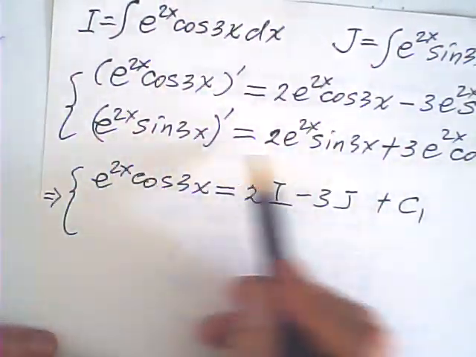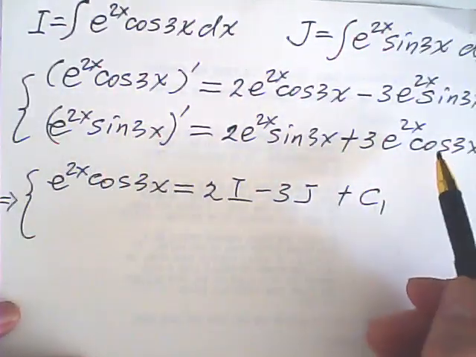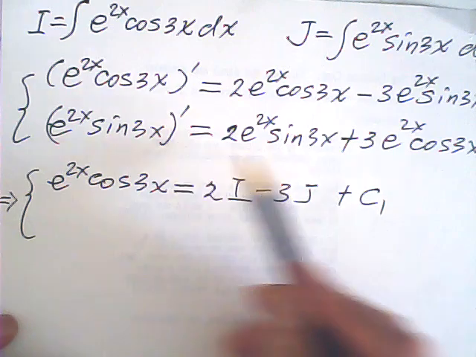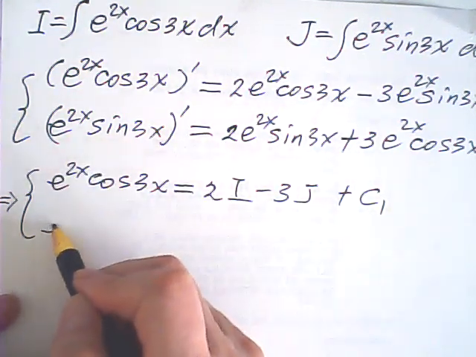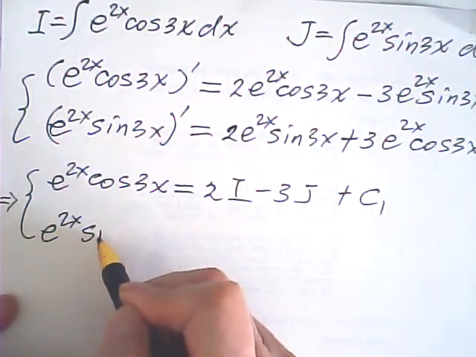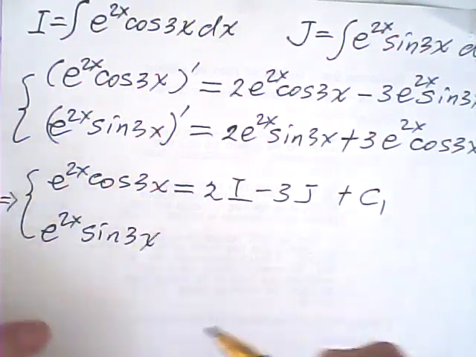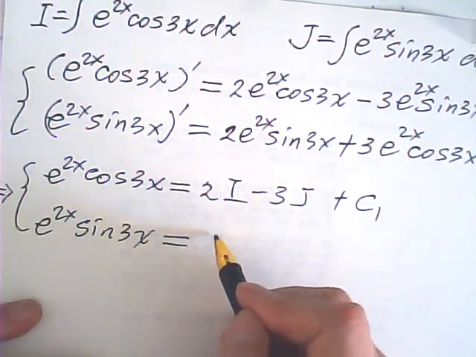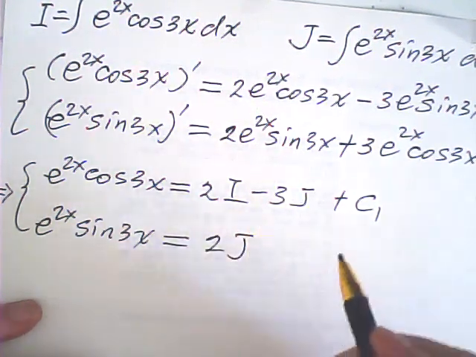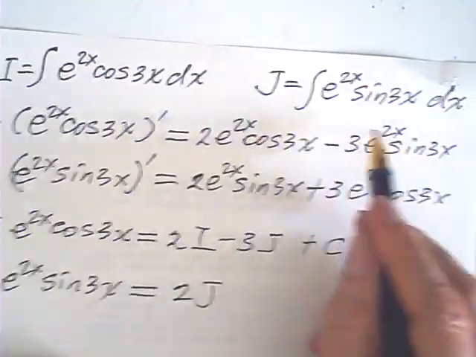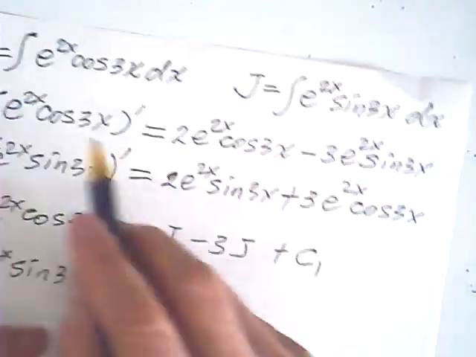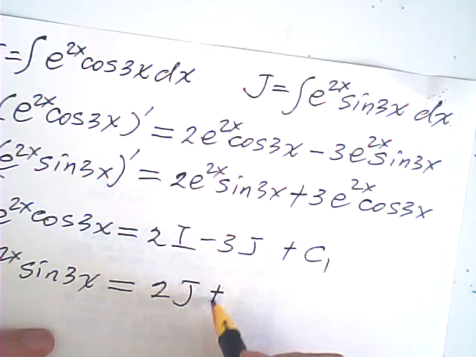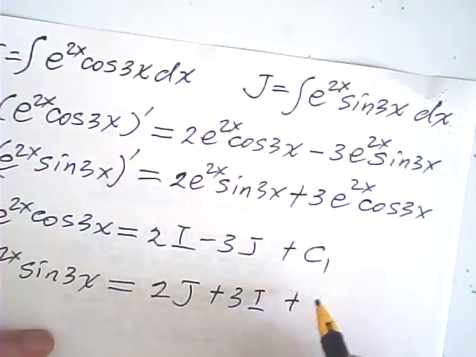Now, the second line, we integrate with respect to x, both sides. This side would be e to the 2x sine 3x. That side is equal to 2J plus 3I plus C2, right?